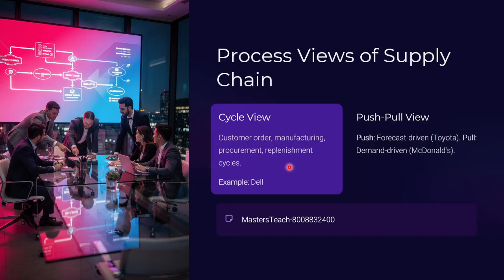Example, Dell. Then push pull, where the company is going to forecast the demand, for example Toyota. Pull is demand driven, that means the demand is created by the customer. Example, McDonald's. So I hope you understand the cycle view and push pull view.